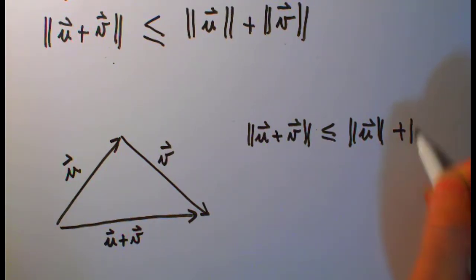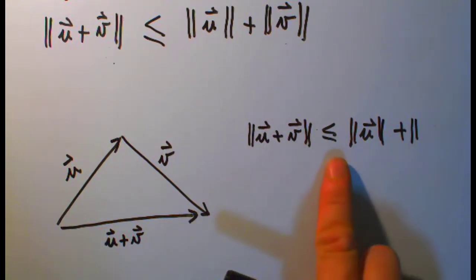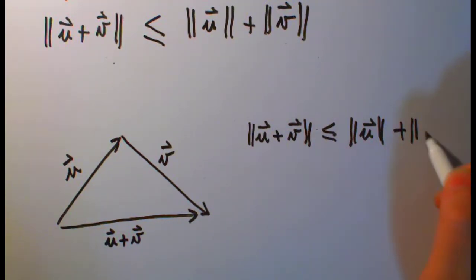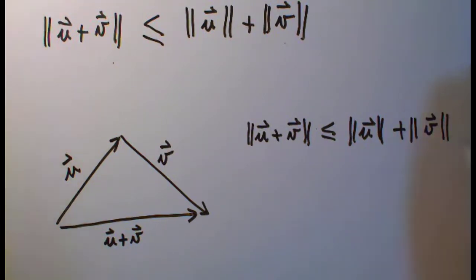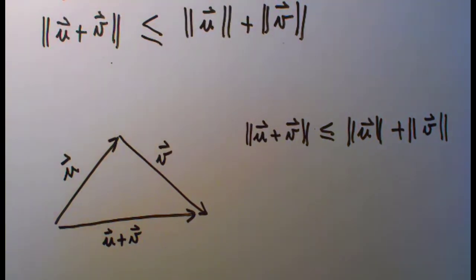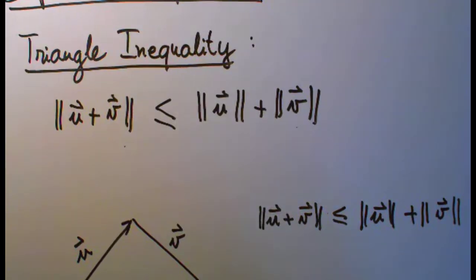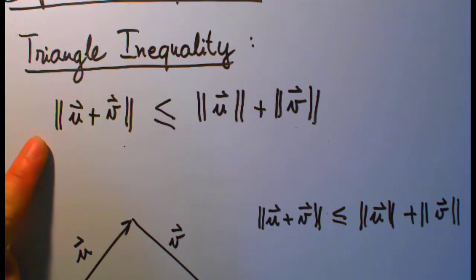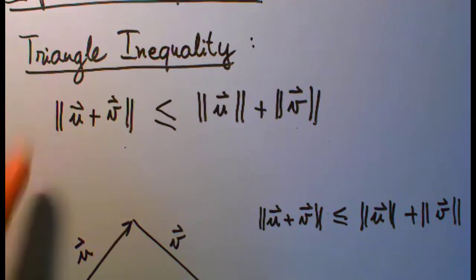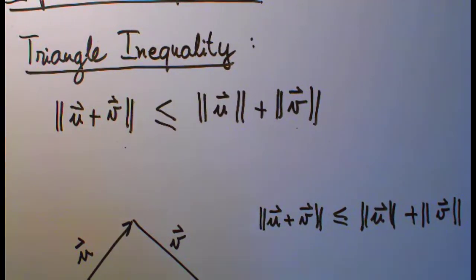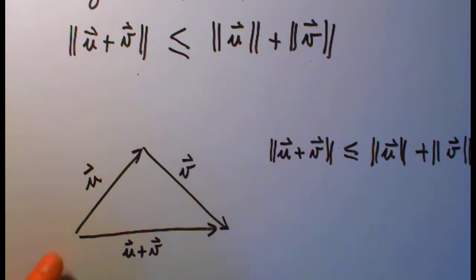And that's why I ended up with the length of u plus v has to be less than or equal to the length of u plus the length of v. And that is why this inequality is famously referred to as the triangle inequality. Historically speaking, it came out from a triangle.